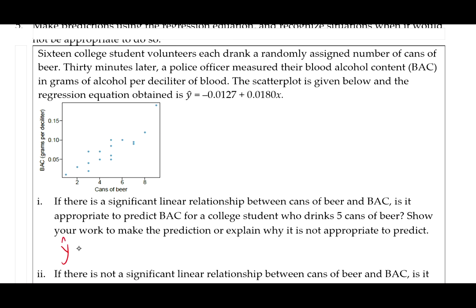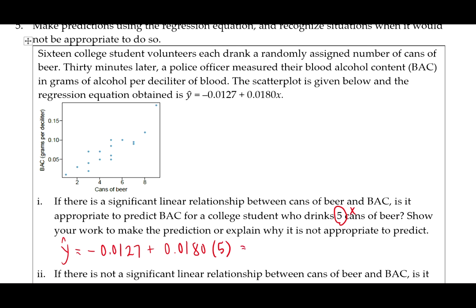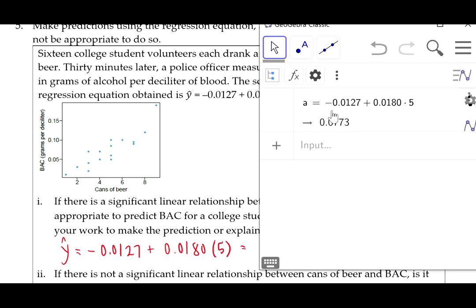predict. We'll do y hat equals negative 0.0127 plus 0.0180. 5 cans of beer is the value for x that we're going to use, so I'm going to plug 5 in for x in the regression equation. And then I can do this calculation in GeoGebra.